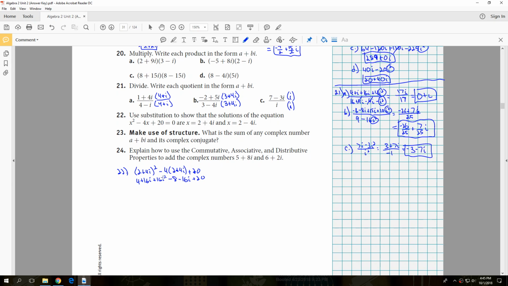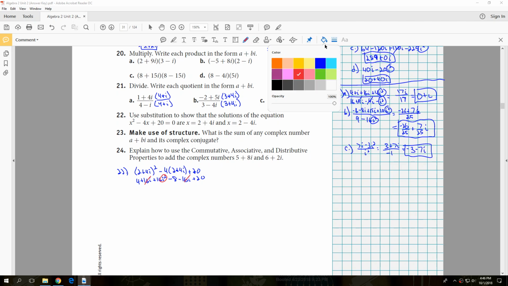All right. So this i squared here is going to become negative 1, and these 16i and minus 16i are going to cancel. Let me use a different color so we can see that. So this guy will cancel, and this guy will cancel, and then this becomes a negative 1.